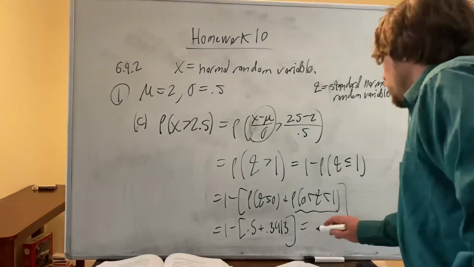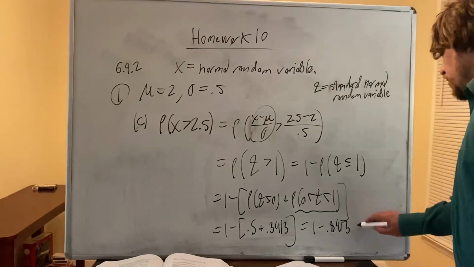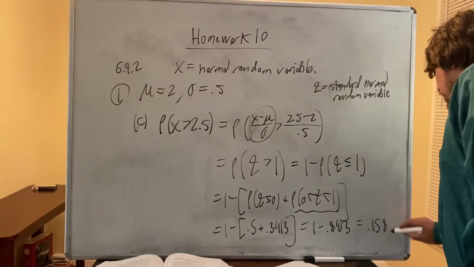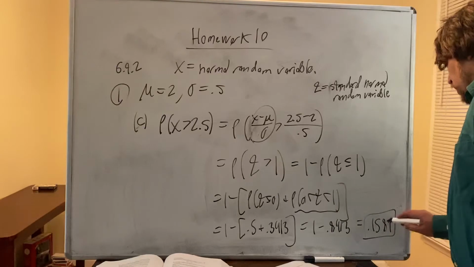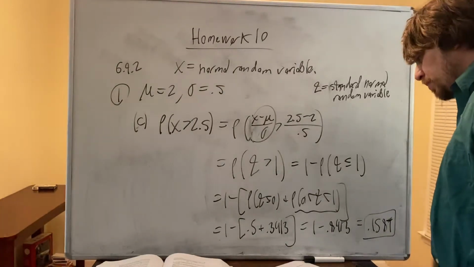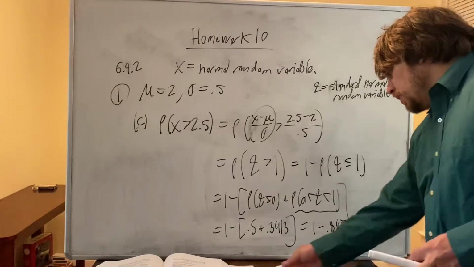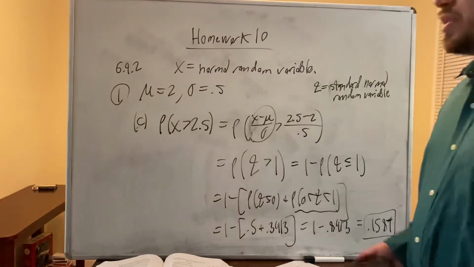And so this is 1 minus 0.8413, and that's 0.1587. So that's C. And now part D.